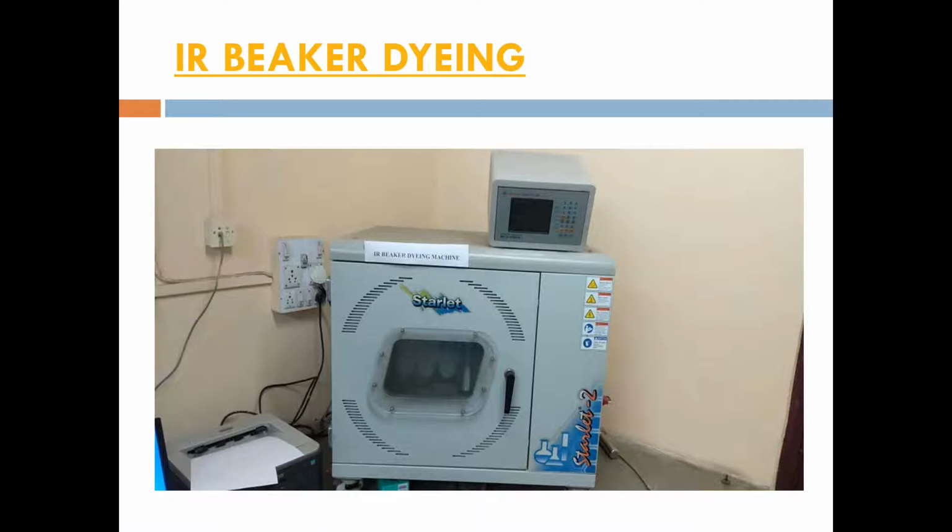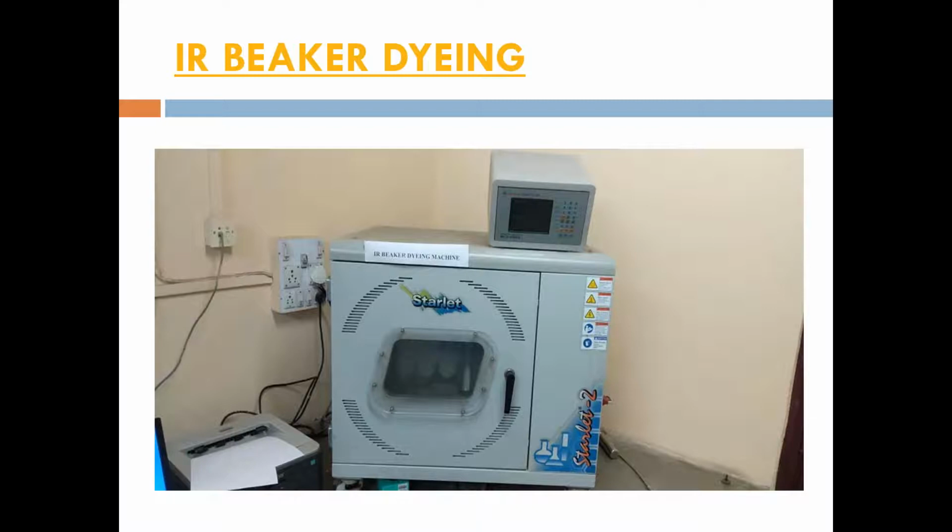Generally, this is called a beaker dyeing machine because there are small beakers which are closed very tightly, and in those beakers you can add the dye bath and a small swatch of the fabric for dyeing. These types of machines are always installed in the laboratory of all process houses, or even a composite mill.